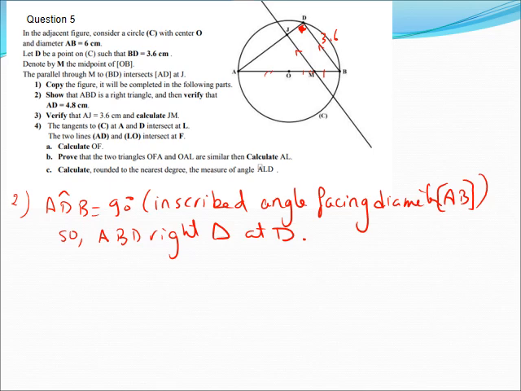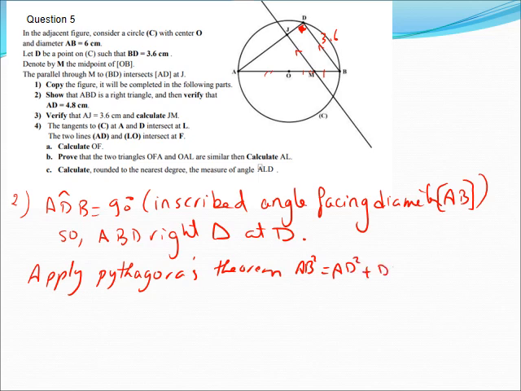Then verify that AD equals 4.8. ABD is a right triangle, so apply the Pythagorean theorem. AB squared equals AD squared plus DB squared. AB squared is 6 squared, BD is 3.6 squared.